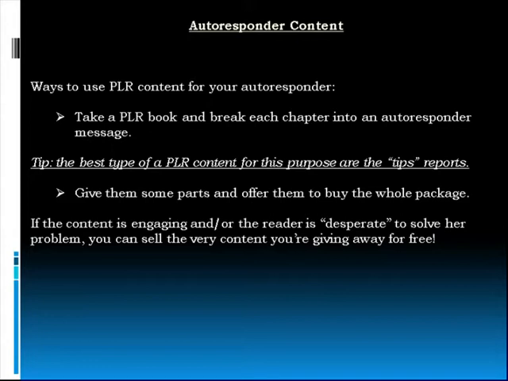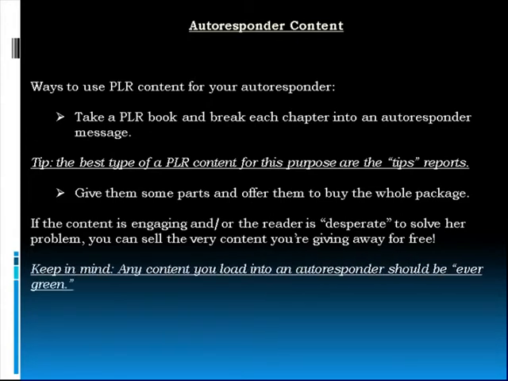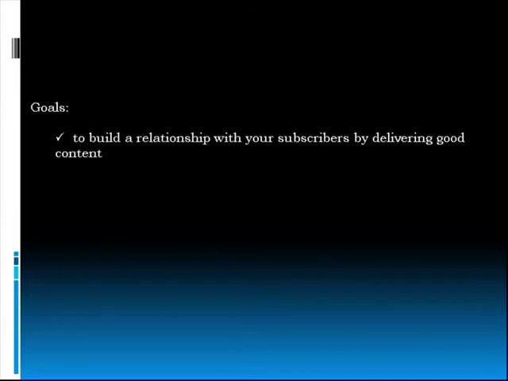If you have PLR articles, naturally those too can be chopped up and loaded into your autoresponder. One thing to keep in mind though is that any content you load into an autoresponder should be evergreen. That means that if it's relevant today, it should be relevant a year from now too. Now whether you chop up and use articles or book content in your autoresponder, your goals are the same: to build a relationship with your subscribers by delivering good content, and to start making recommendations for paid products.